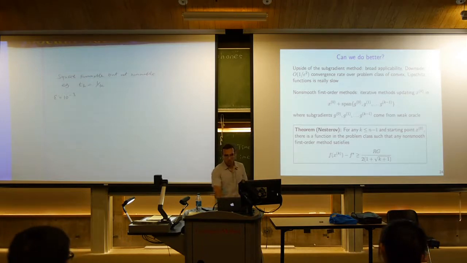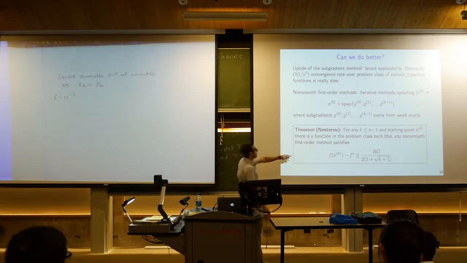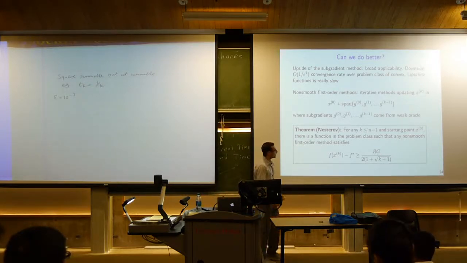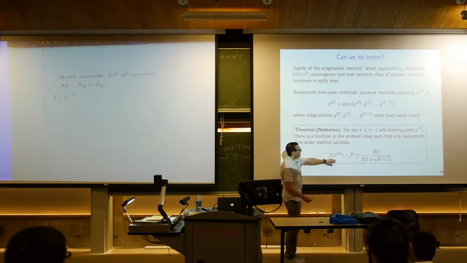So this is the model we're looking at, and there's this very useful and insightful theorem by Nesterov again. Who else? The same guy who proved the gradient descent lower bound, which basically tells us that we're at the best we can do with the subgradient method.